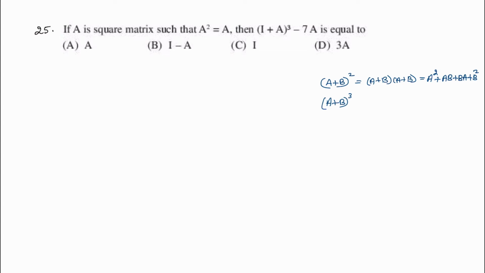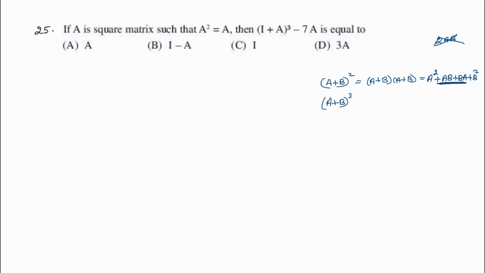And we know that matrix multiplication is not commutative. So we cannot write this term as 2AB or 2BA because AB may not be equal to BA. Therefore, we cannot use these identities for matrices.